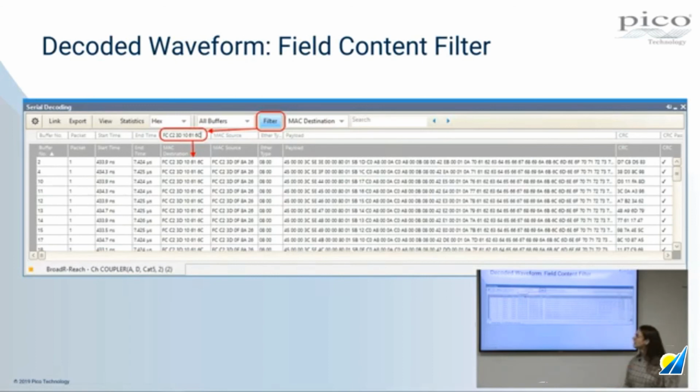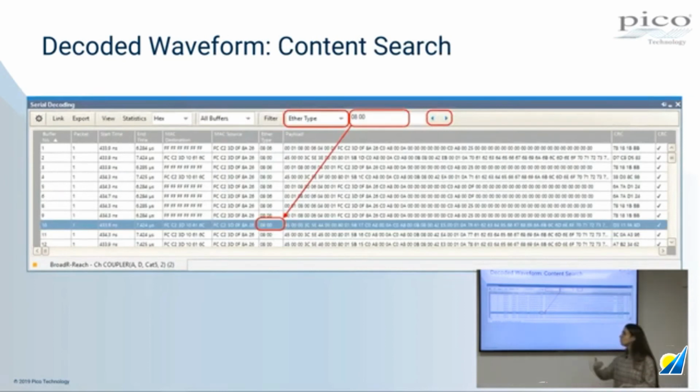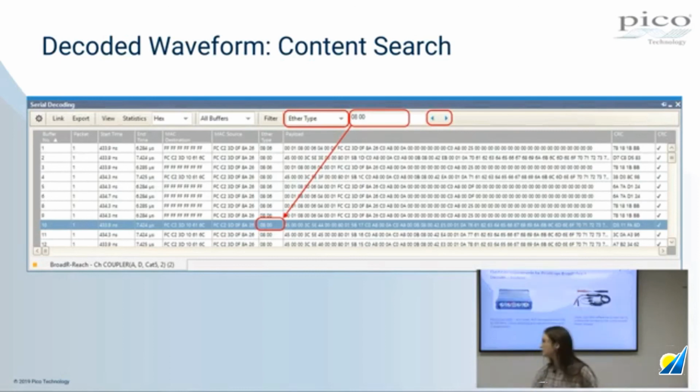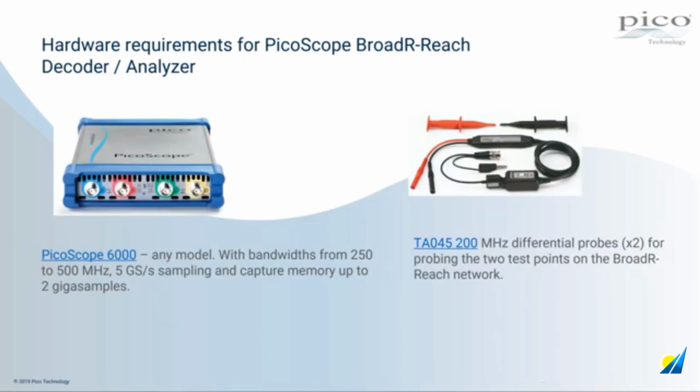And as you filter the information that you have recorded, you can also search through different kinds of information. Like for instance, here we've got an ether type, and we are interested only in this value shown here, and by clicking these arrows back and forth, you can navigate through your filtered table. So that's basically it. Back to Trevor. Thank you, Patty.